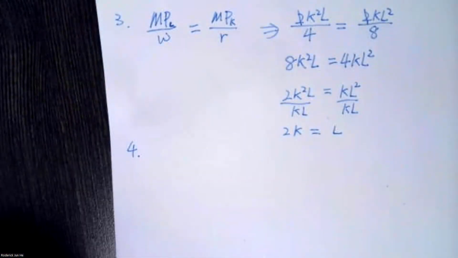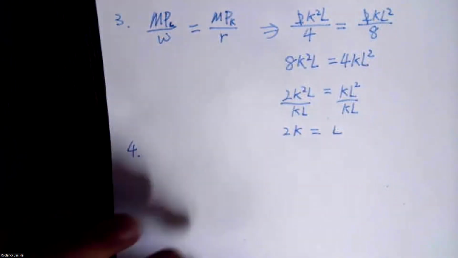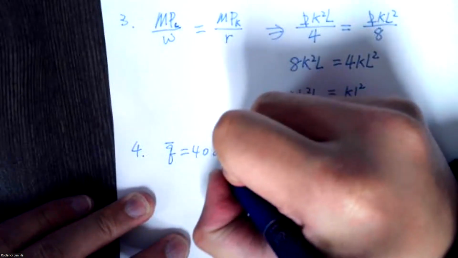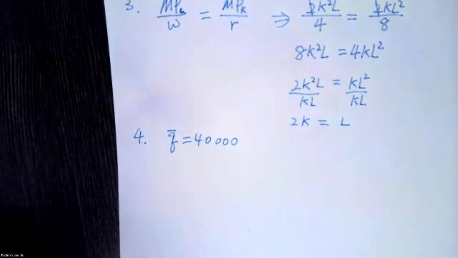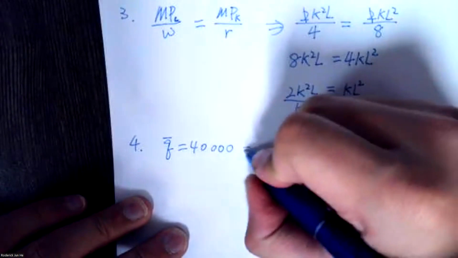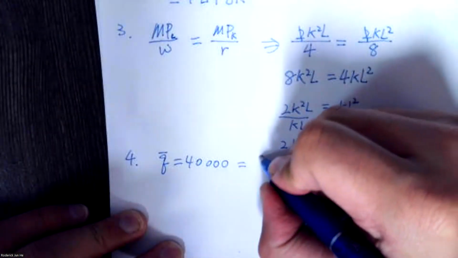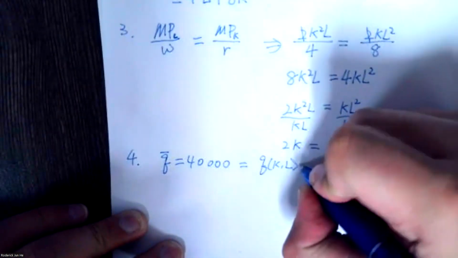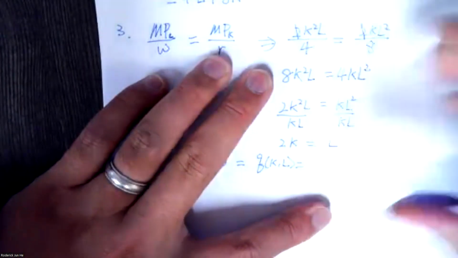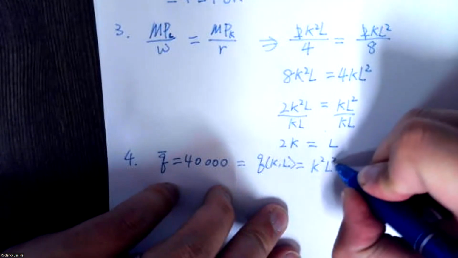Now number 4: what is the firm's optimal decision on K and L under this price ratio if a production plan of 40,000 units needs to be satisfied? Here Q bar, the targeted output, is 40,000 units. How do you produce this? Through Q of K and L, which is K squared L squared.